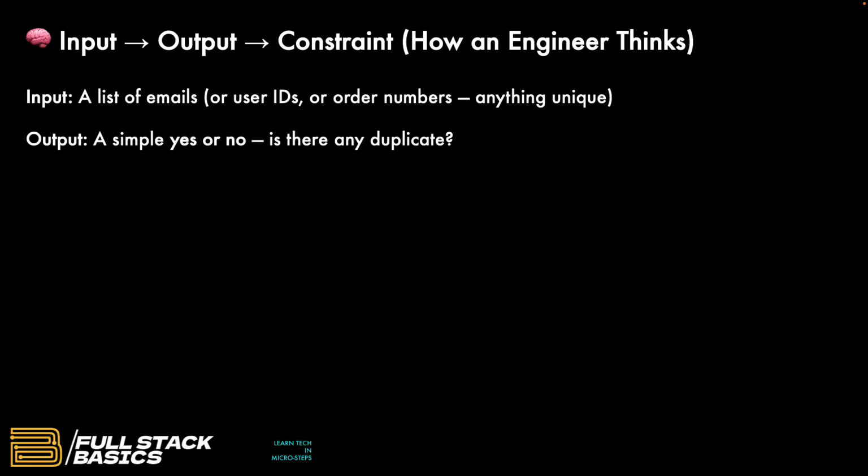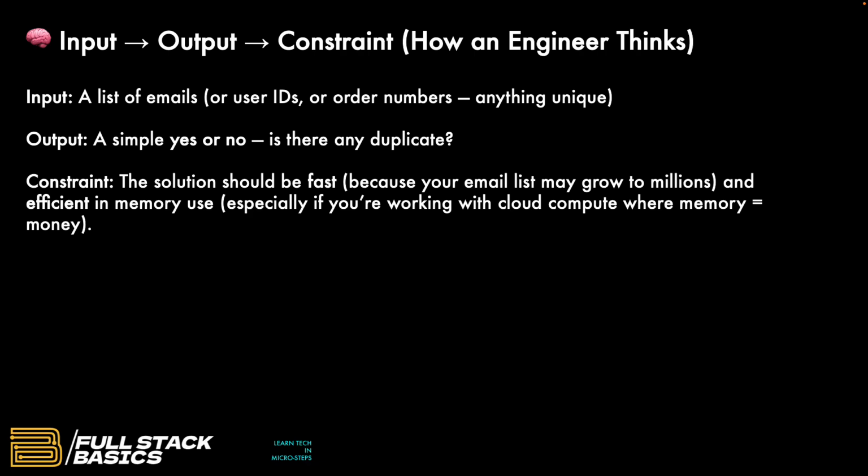And the output for this problem is a simple yes or no. Do we have duplicates? Now, the constraint is that the solution needs to be fast because your email list may grow to millions, and efficient in memory use, especially if you are working with cloud compute where memory is money.